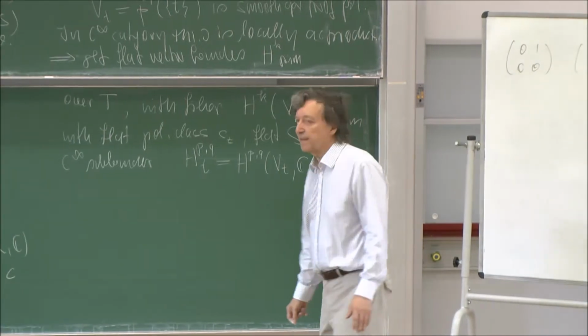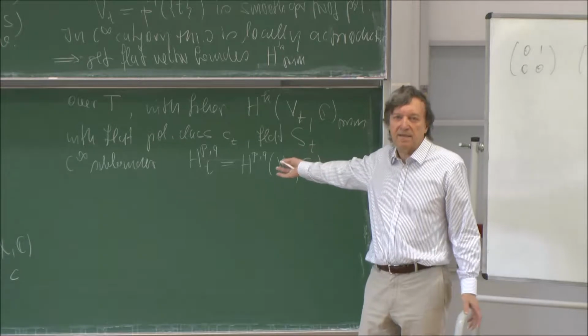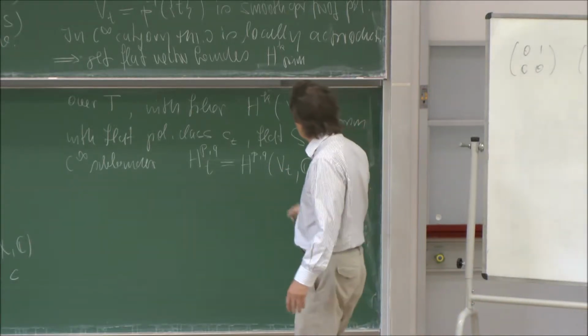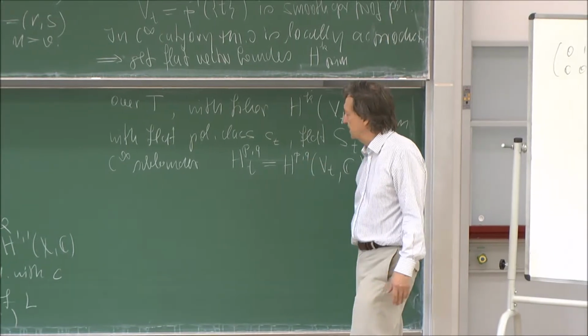So we hope that there's something holomorphic, but in the naive sense, this cannot be the case because when q is not 0, there are anti-holomorphic pieces.